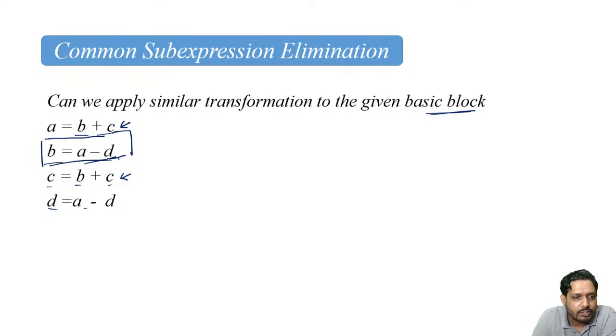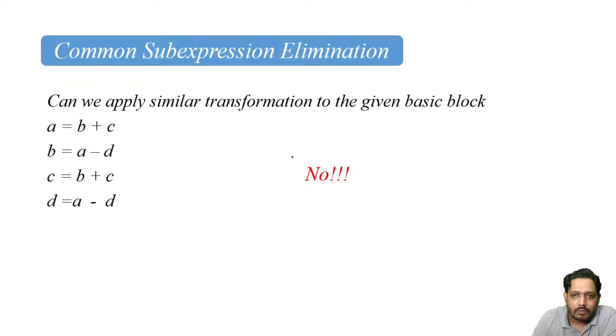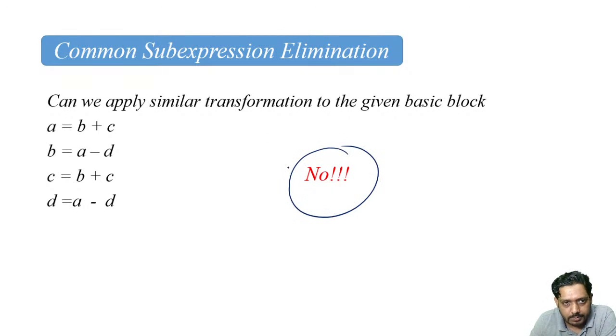If you ask whether I can write A over here, the answer is no, you cannot, because B has been changed and we cannot apply the same transformation to this basic block. The answer for this case is no.